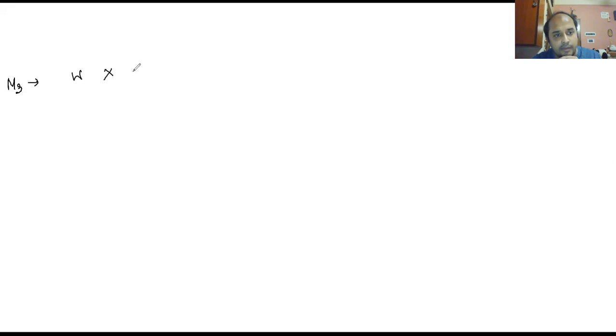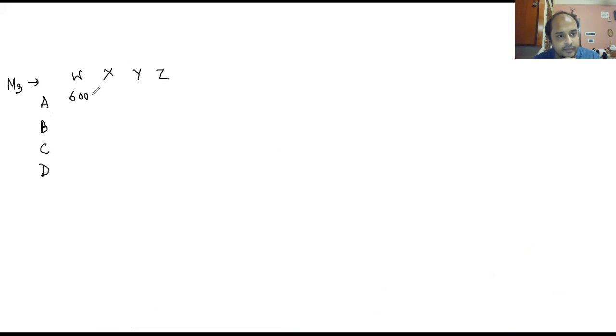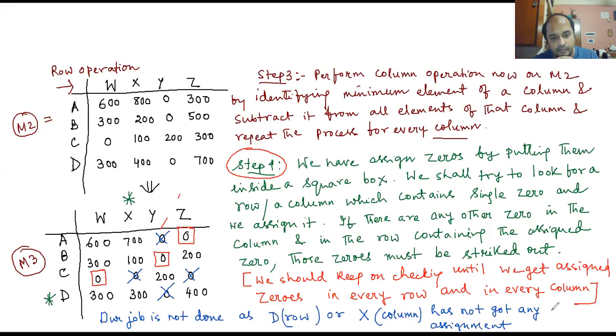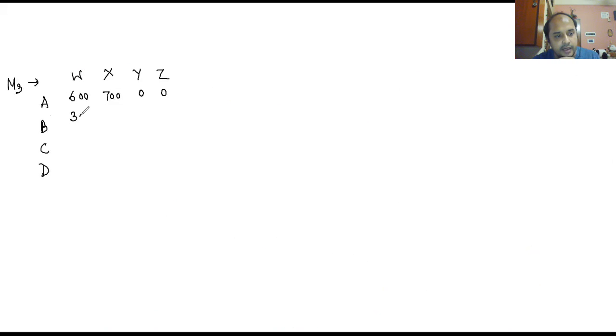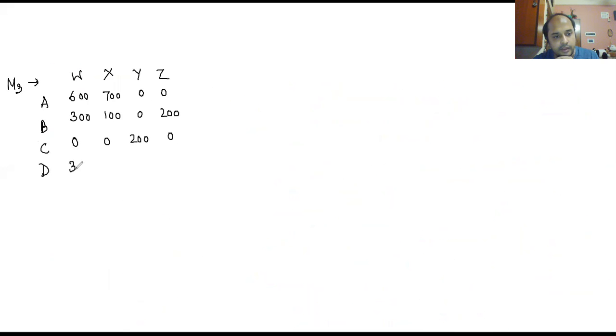So the columns are W, X, Y, Z, A, B, C, and D. And the matrix elements are 600, 700, 0, 0; 300, 100, 0, 200; 0, 0, 200, 0; 300, 300, 0, 400.